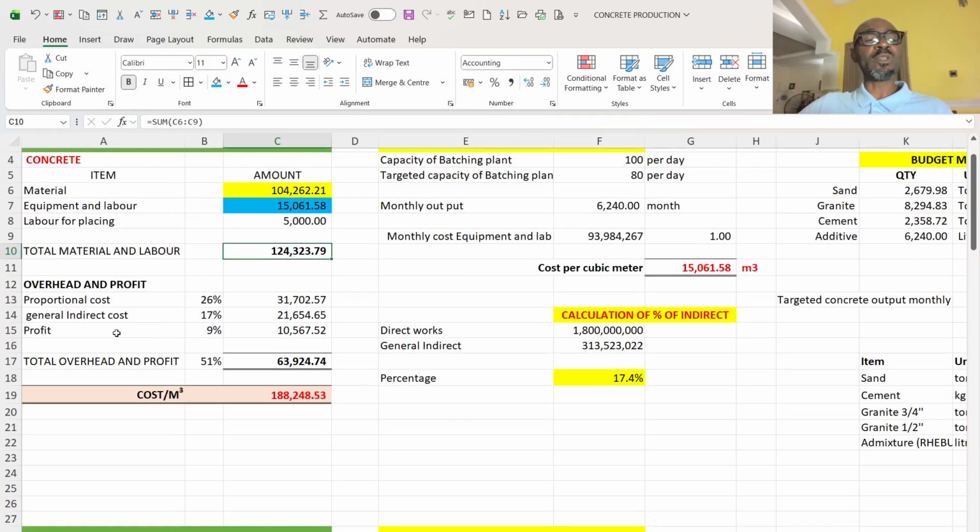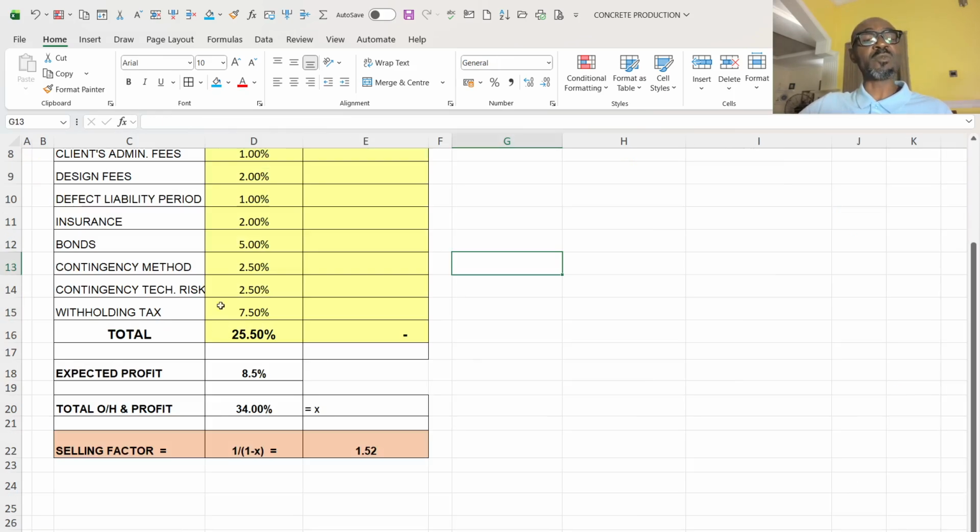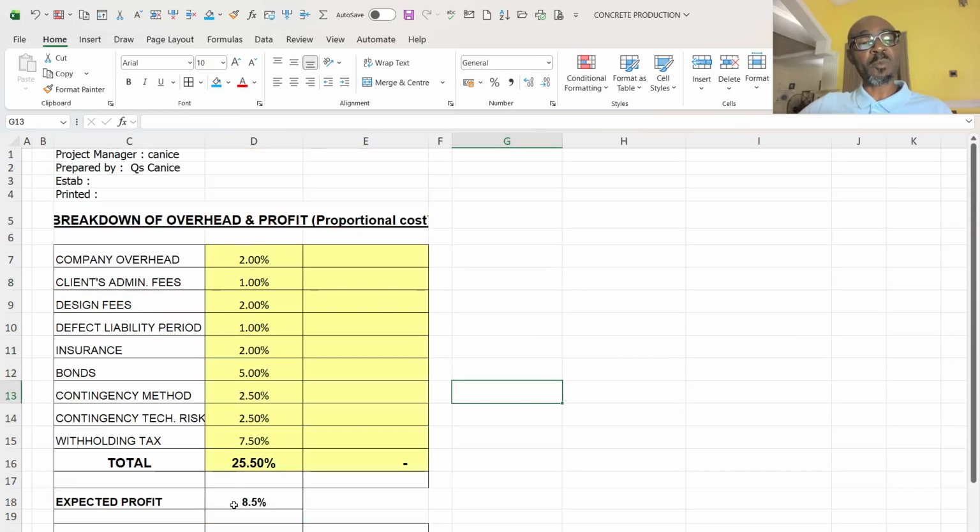79 kobo. Then the proportional cost, which is of course the overheads and then the profit. I now have a sheet where I broke down the proportional costs, where we have the company overhead, the client administration fee, design fee, deferred liability, depending on what it is, not exhaustive here.